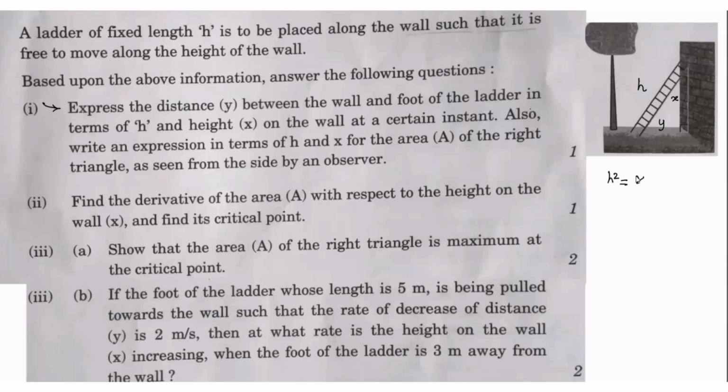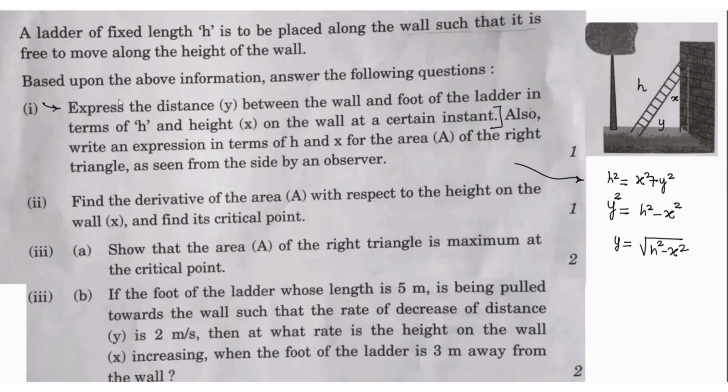So h square is equal to x square plus y square. We need to express y square is equal to h square minus x square. y is equal to square root of h square minus x square. That is the required answer for the first subdivision.